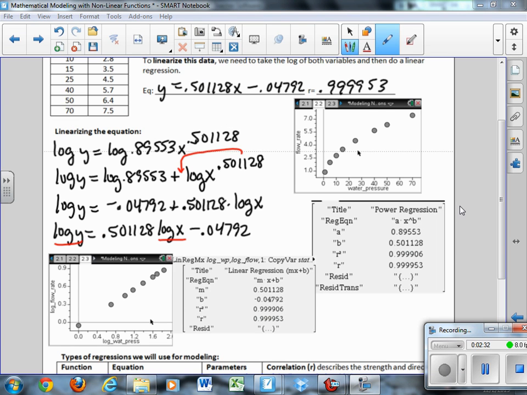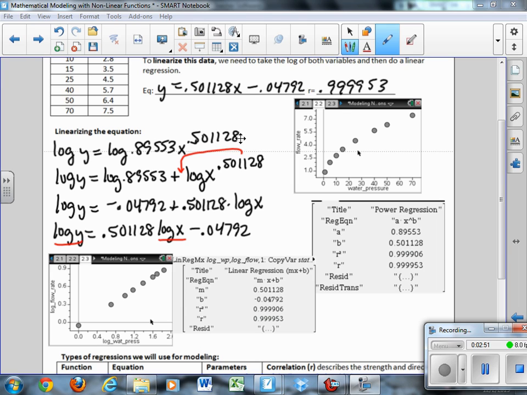And to save time, I'm going to go ahead and show you the results of what we're doing here. If I take the log of both sides of this equation, once again, of my power function, I'd have log y equals log of 0.89553 times x to the 0.501128.